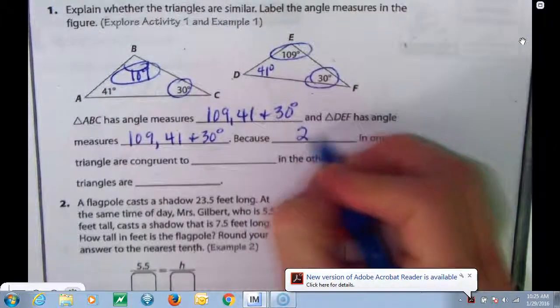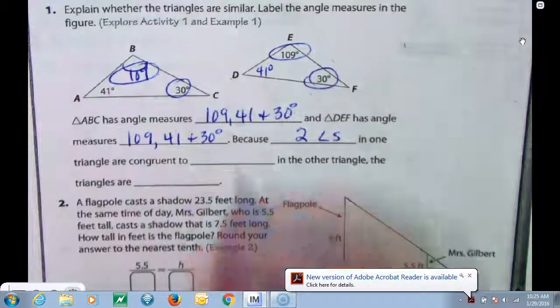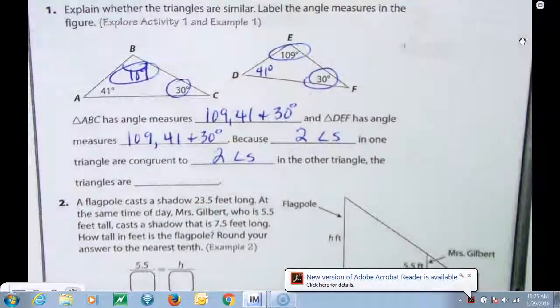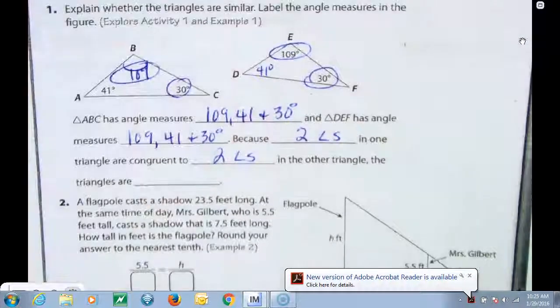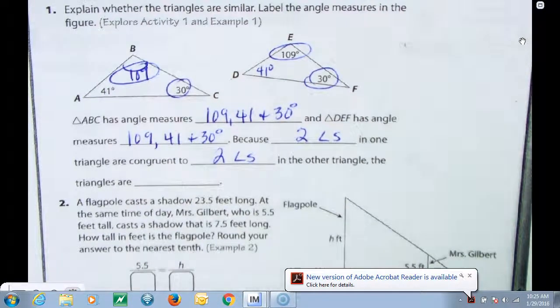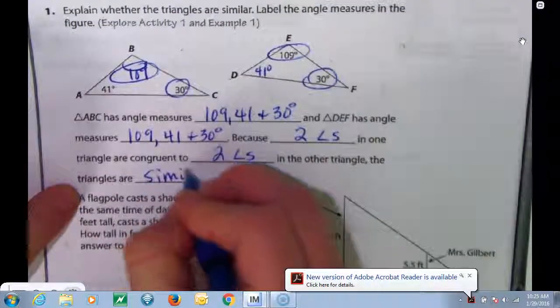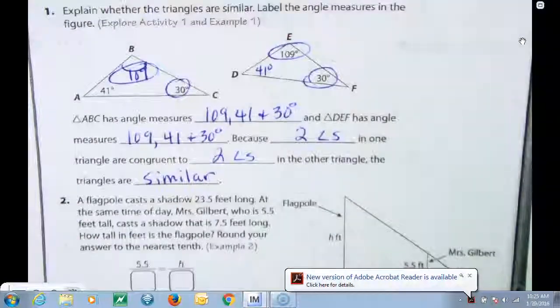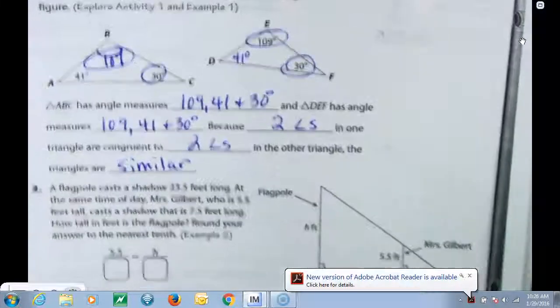Because two angles in one triangle are congruent to two angles in another, we didn't even need to talk about the 41. Kristen and several of you knew automatically that it was 41, but we wrote it in because it's so obvious. But we just need two of them. Okay, the triangles are similar. They're not congruent, are they? Nope.